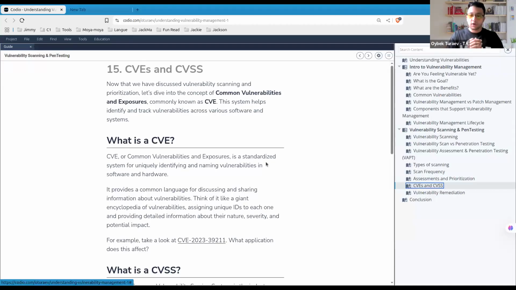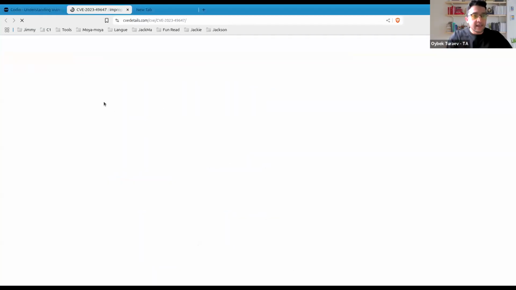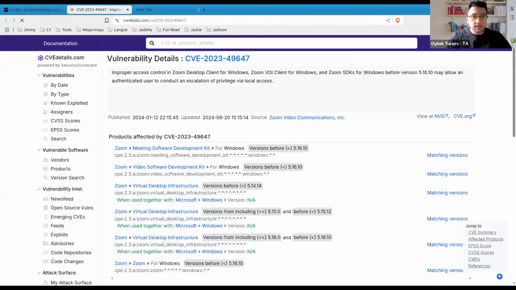Guys, in our industry today, each vulnerability comes with its own unique CVE, okay? And we can find each CVE by its year and ID number. As you see here, CVE, what year it is, and then an ID number.